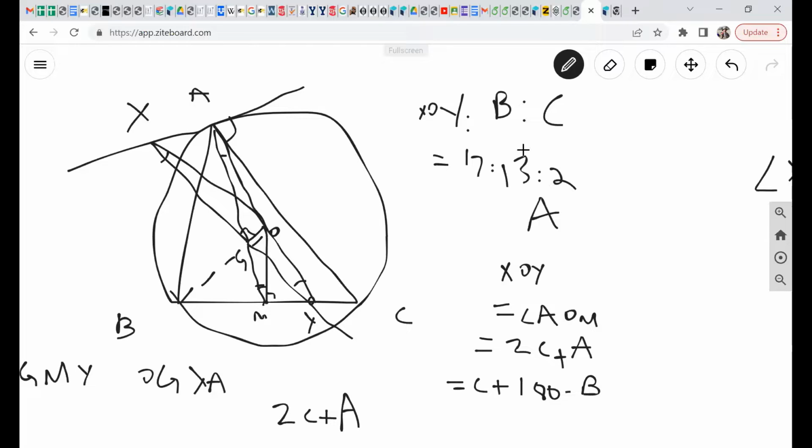But now we're given the ratio between XOY, B, and C, right? So we can say that XOY is 17x. So then similarly, B is 13x and C is 2x. So 17x equals 2x plus 180 minus 13x.